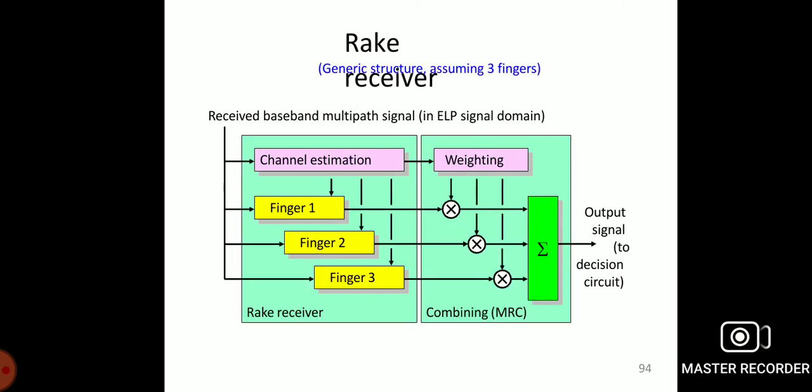And we can move to the rake receiver generic structure assuming 3 fingers. 3 fingers means 3 different correlators, and the 3 different weighted signals combine using the MRC diversity method. The channel will be allocated to receive the different information.